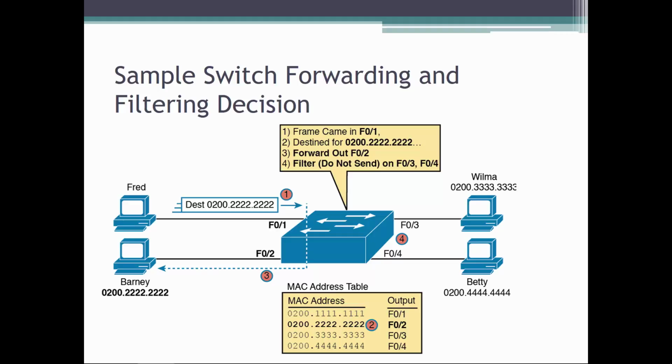Meaning it knows that destination, so it doesn't have to broadcast to Wilma or Betty because it already knows Barney's PC name is that MAC address. Not so much its name, but it knows the PC is associated with that MAC address, which is associated with that interface.